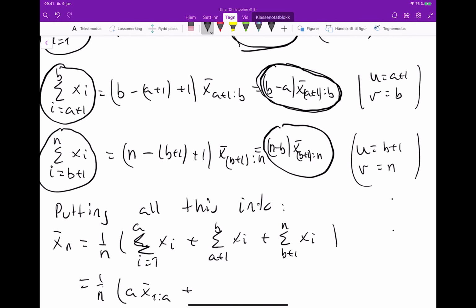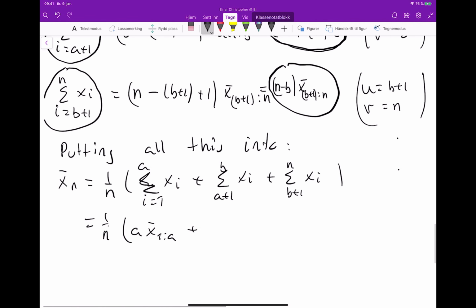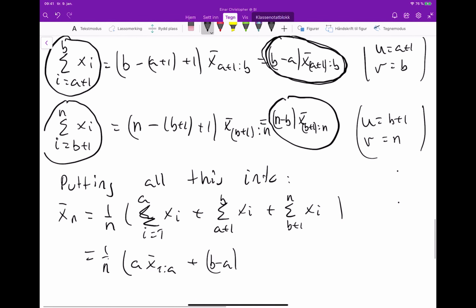Another way to write the sum. So this is then b minus a times x bar a plus 1 colon b plus the last one, this one, which is n minus b times x bar b plus 1 colon n.